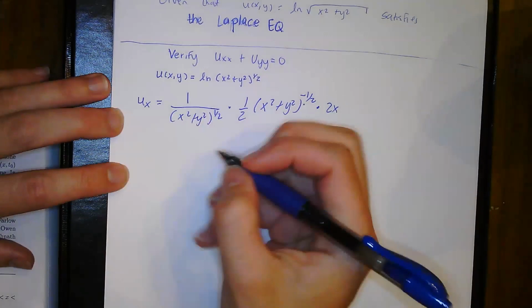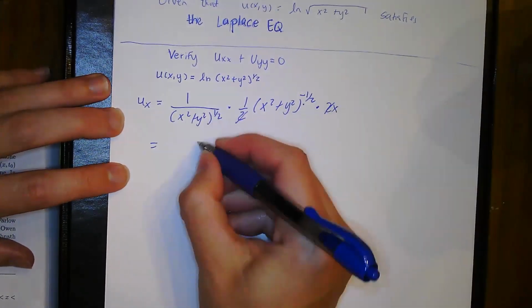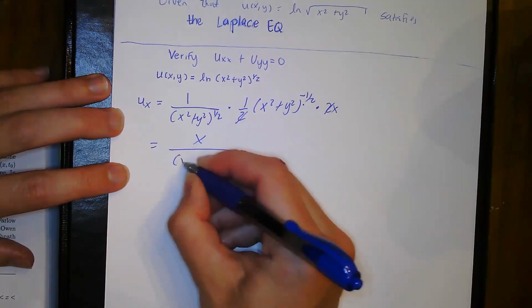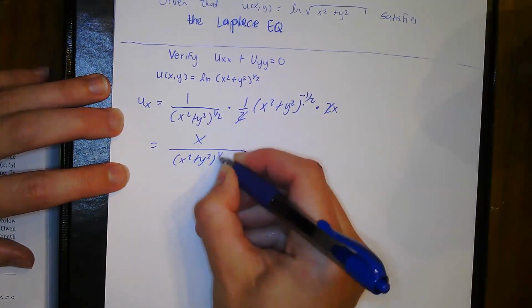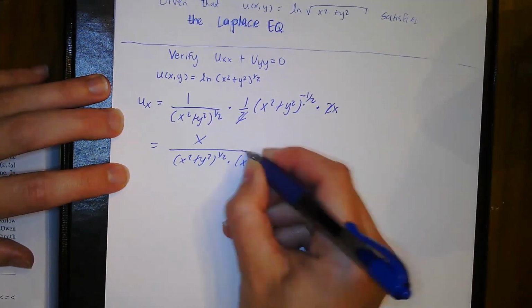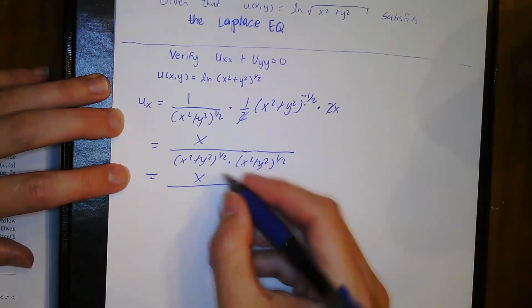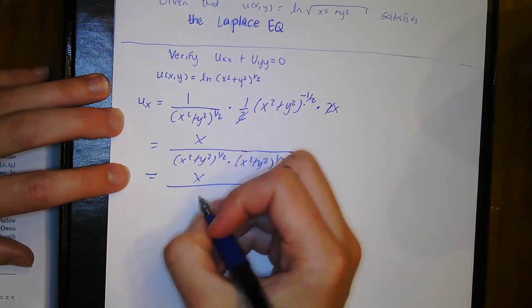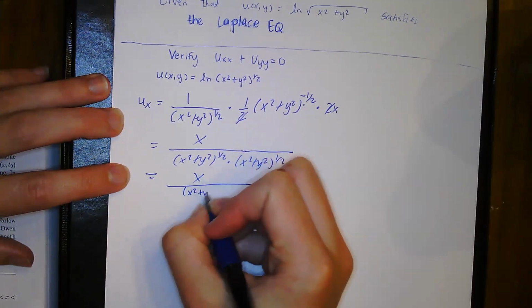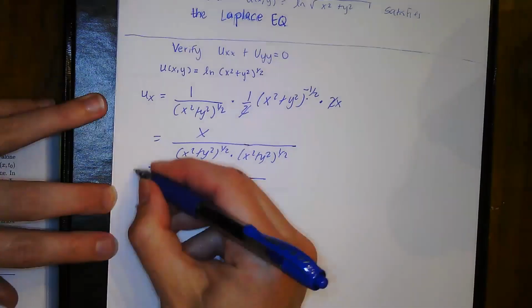And then we can further simplify this as we can cancel out those 2's, and we end up with x over x squared plus y squared to the 1/2 times x squared plus y squared to the 1/2. And then we can simplify these by adding the exponents at the top. So we end up with x squared plus y squared to the 1 power, because 1/2 plus 1/2 is 1. So that's u sub x.